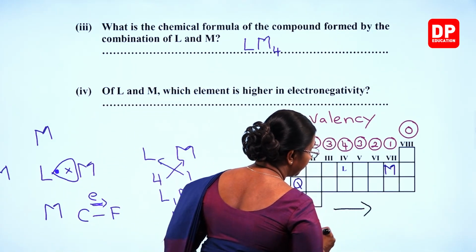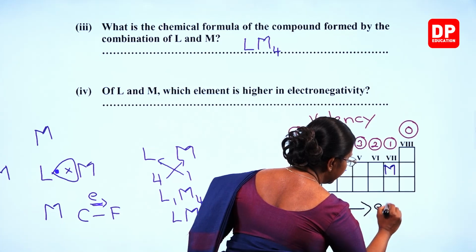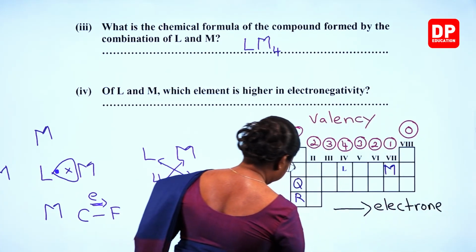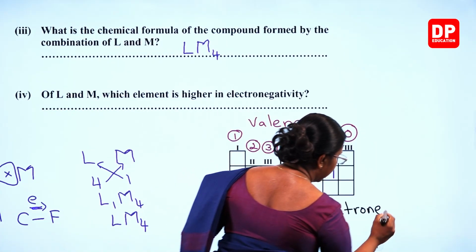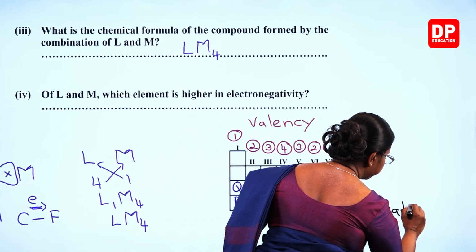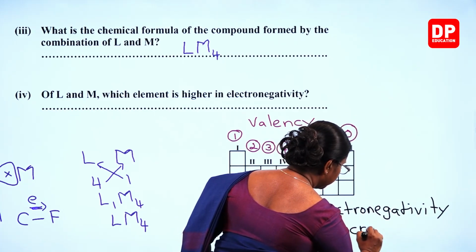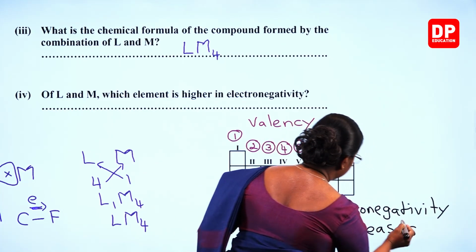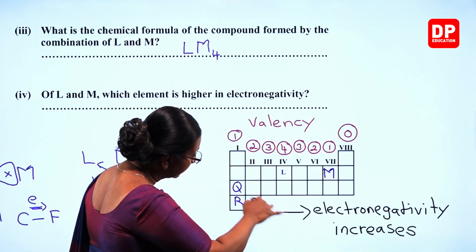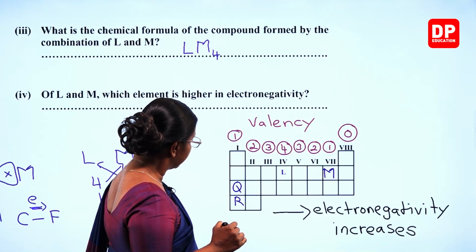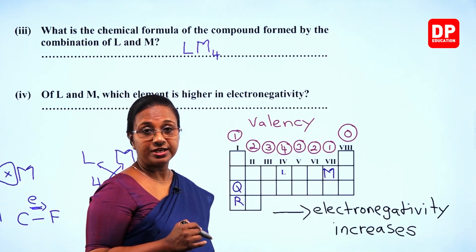Across the period from left to right, electronegativity increases. And normally group 7 of the period has the highest electronegativity.